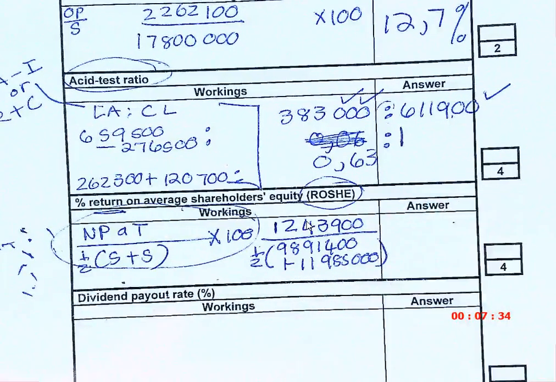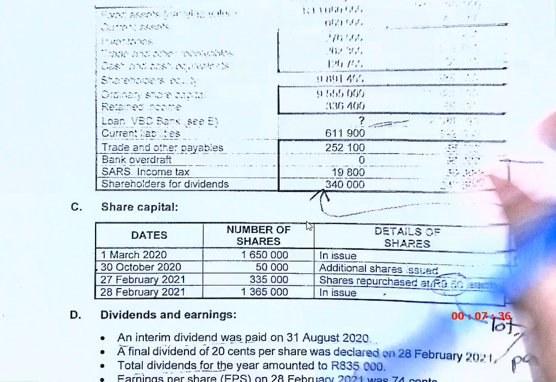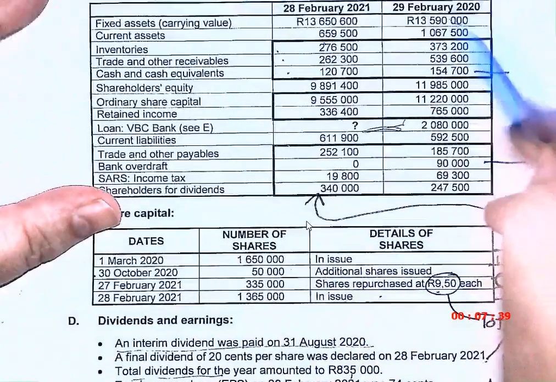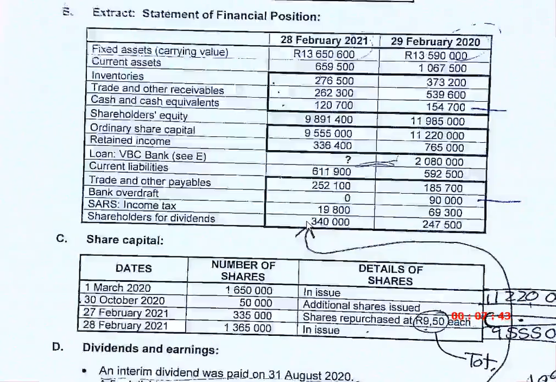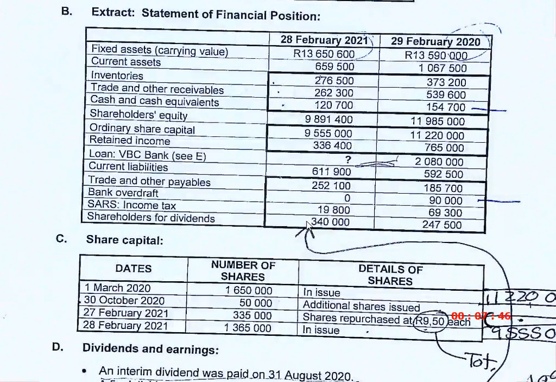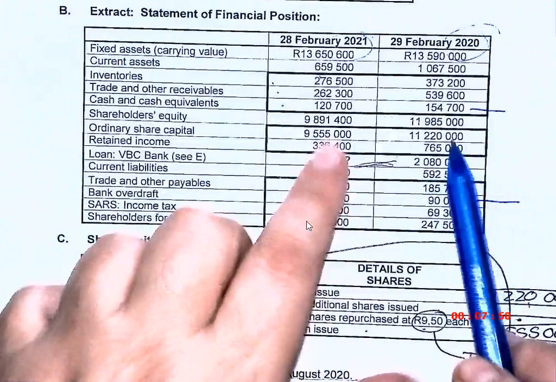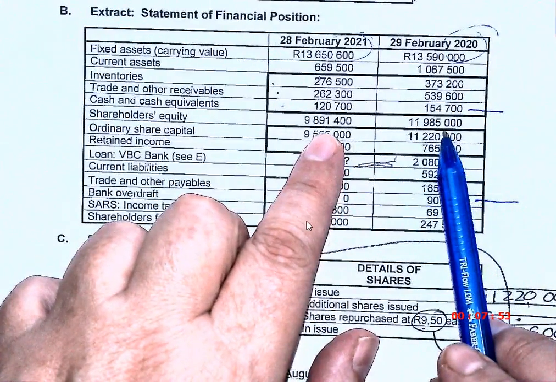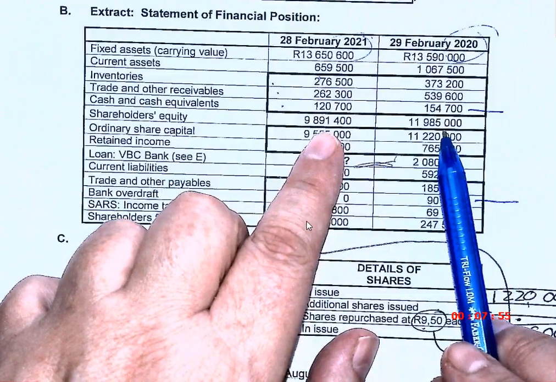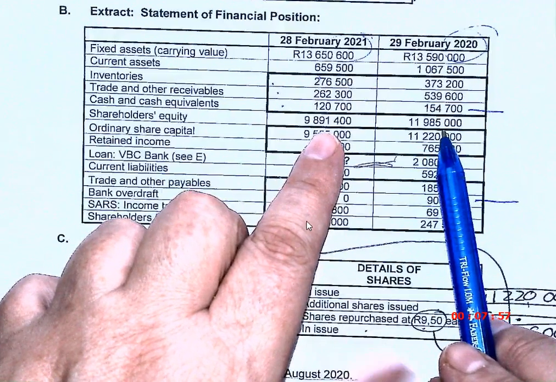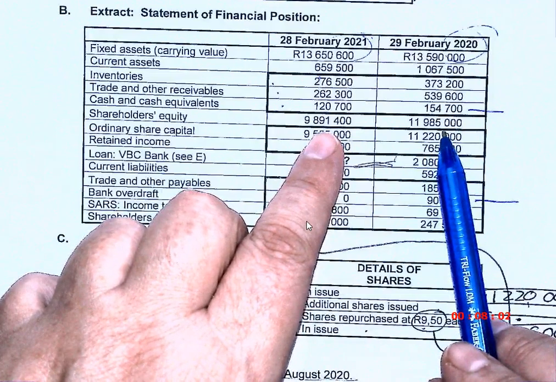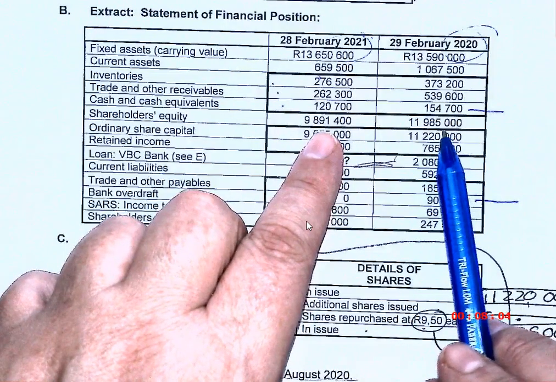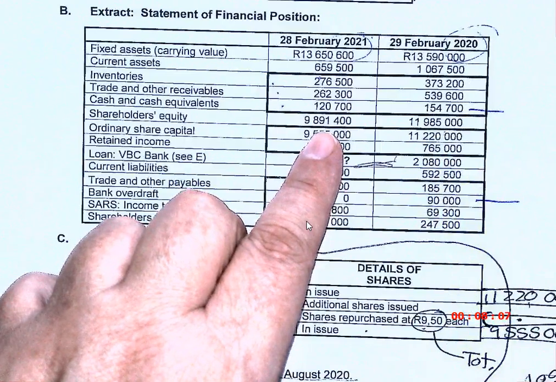Now I just want you to see this, and can you see what's the years? Can I ask you what happened in those 2 years that was life-changing in the world? COVID. And can you see how their owner's equity or their shareholders' equity decreased? Because most probably a lot of people were asking the company to repurchase shares. Not just that. Remember, what is shareholders' equity?